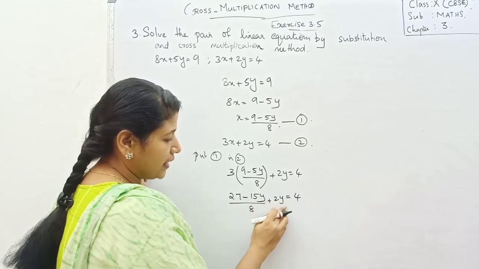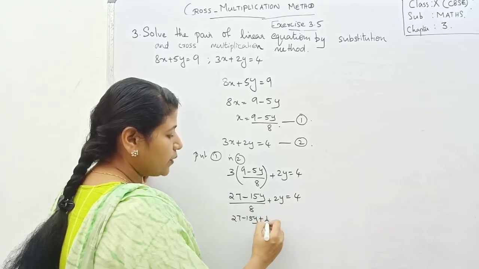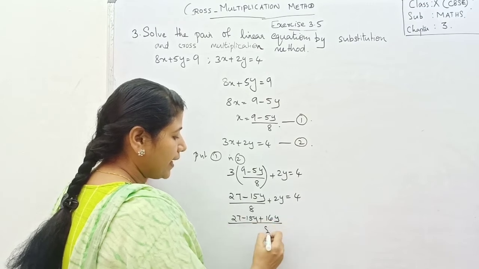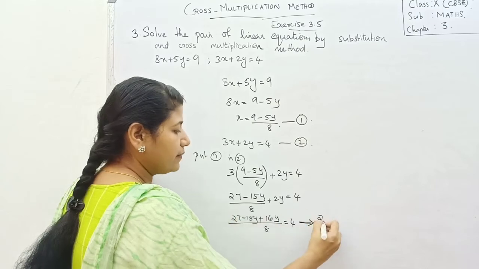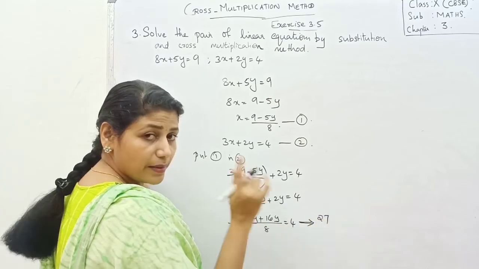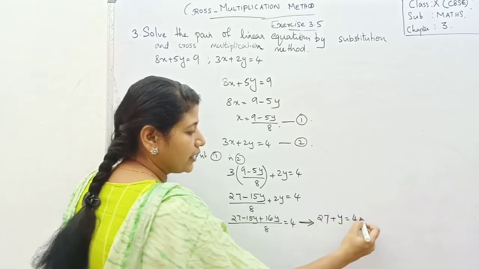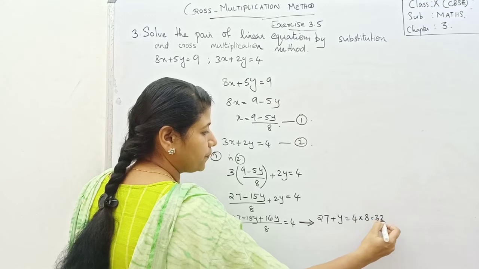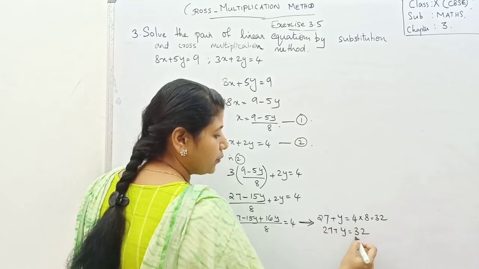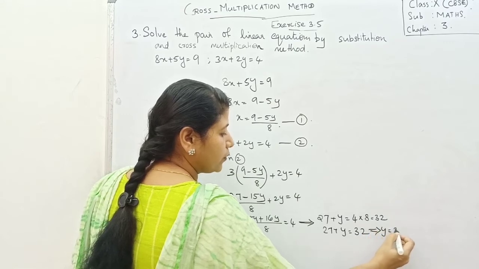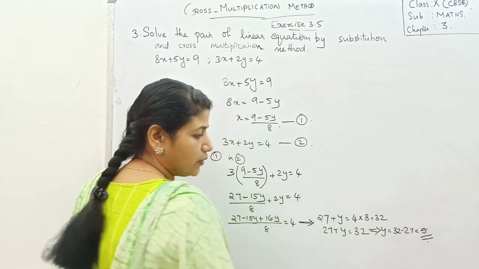Taking 8 to this side, you will get 27 minus 15y plus 8 into 2 is 16y, by 8 equal to 4, which implies 27 minus 15 plus 16 is plus 1, so 27 plus y equal to, take this 8 to that side, you will get 4 into 8, which is 32. 27 plus y equal to 32, which implies y equal to 32 minus 27, which is 5. y equal to 5.